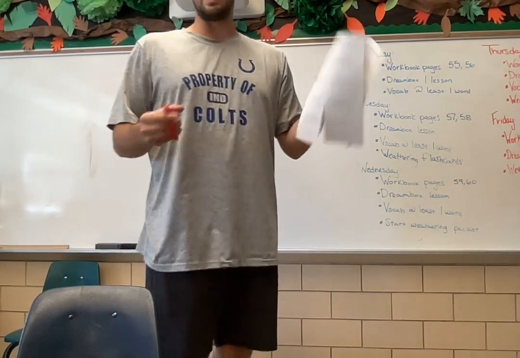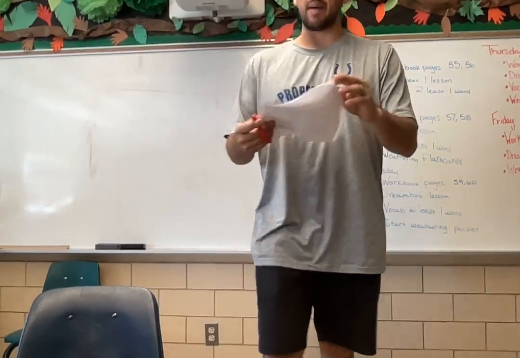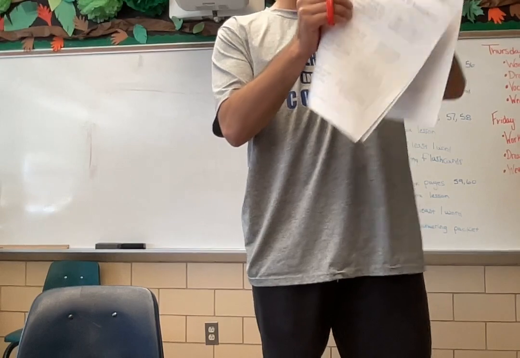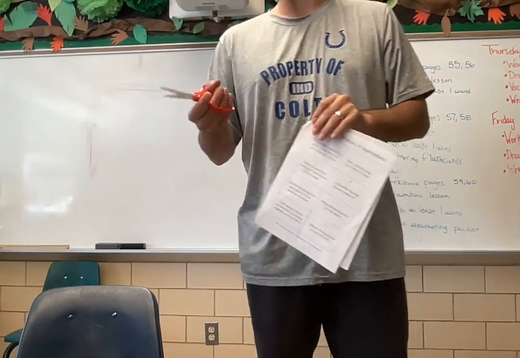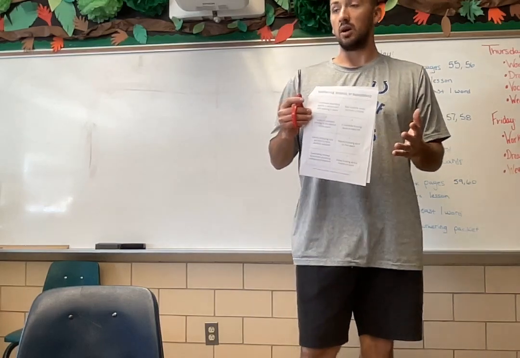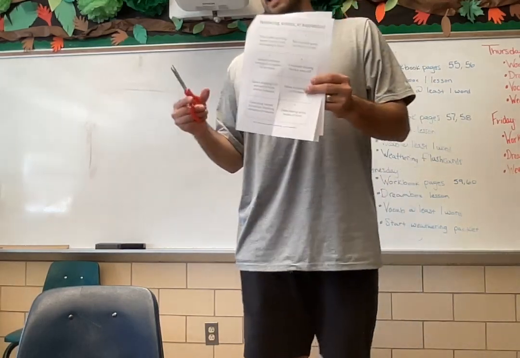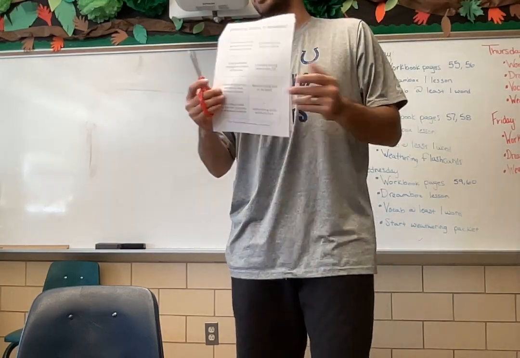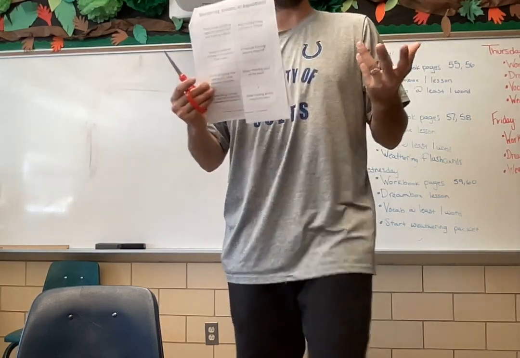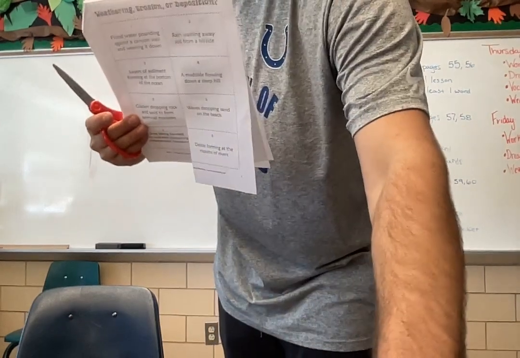When you cut them out, on the back of all the squares that you cut, you're going to label them either weathering, erosion, or deposition, all right? And that way, when you're reading these, you can quiz yourself on if it's weathering, erosion, or deposition.